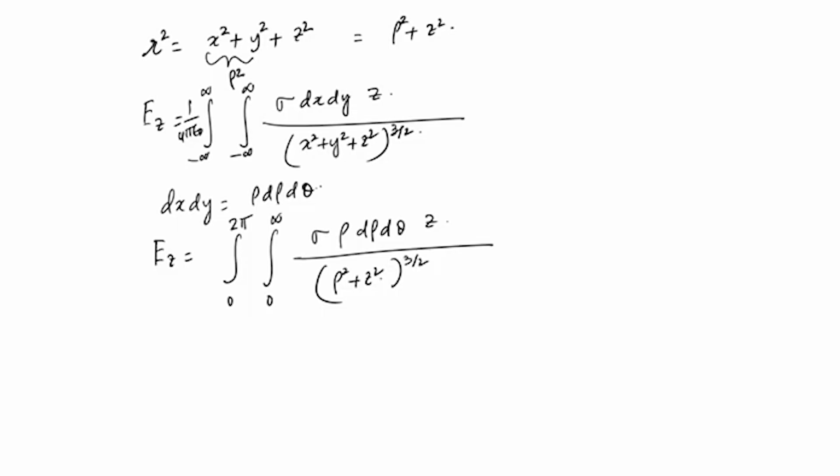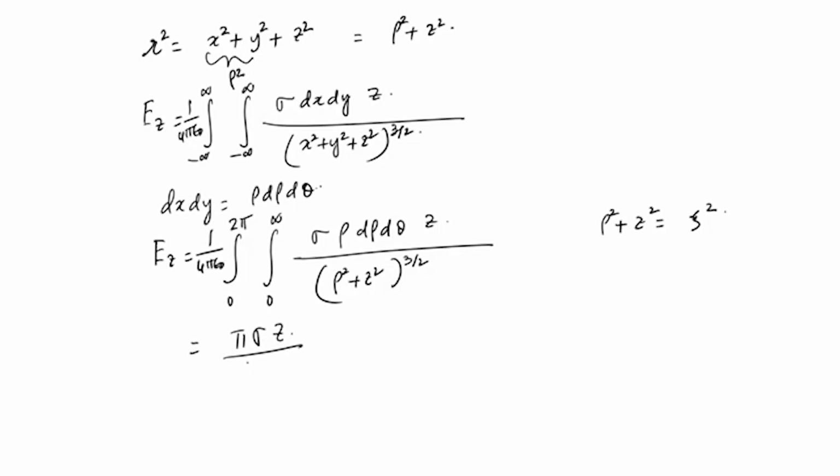If you take rho square plus z square equal to some other variable, say xi square, then this becomes equal to pi sigma z, and we have a 4 pi epsilon 0 that I have forgotten here.